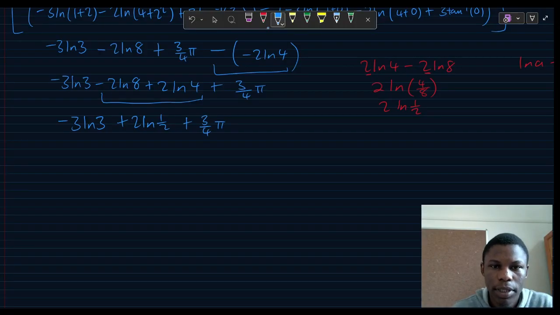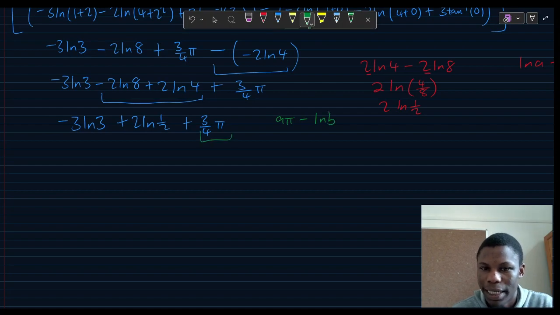And keep in mind that our final answer has to be of the form a pi minus ln b. So the a pi part, we already have that. We just need to figure out this negative ln b part. I know that I have to maintain a negative sign on my logarithms.